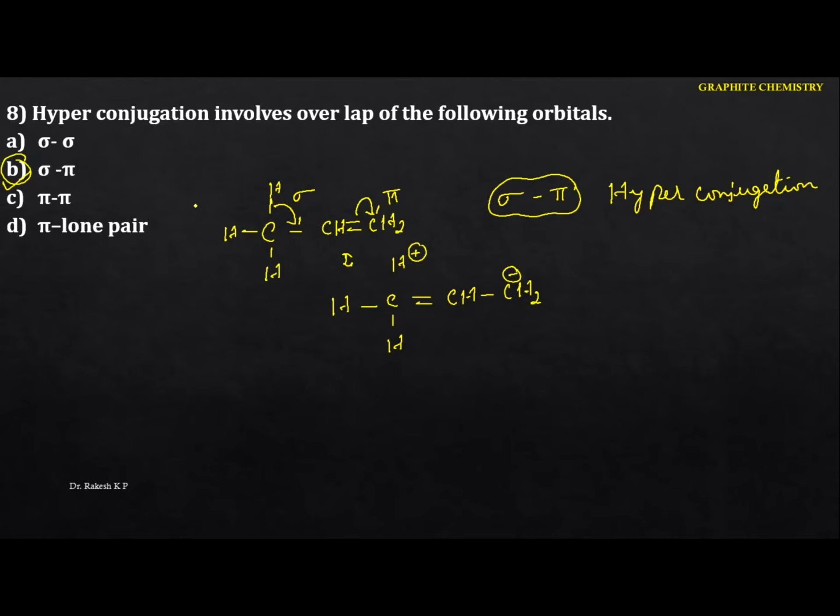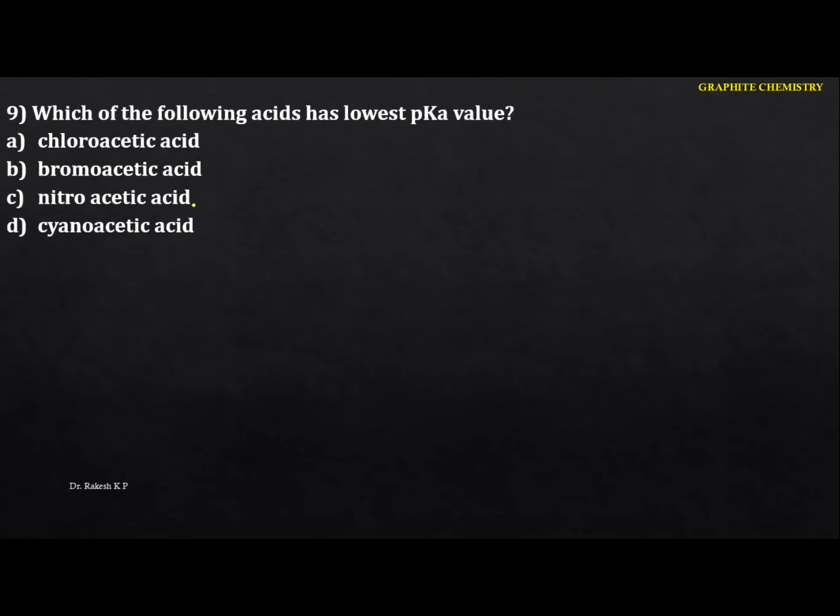Next one. Which of the following acids has the lowest pKa value? Before that, we have to identify the significance of the Ka and the pKa. Just go to this one here. I'm going to take the Ka. The higher the value of Ka, the stronger will be the acid.